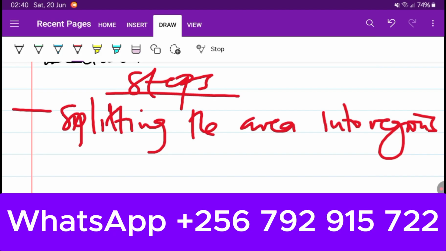Now this one is also best if you are carrying out a study about the entire world, all the countries in the world. You can divide them depending on the continent. You take maybe Africa, Asia, then you study them as such. So you split the area into what we call regions.